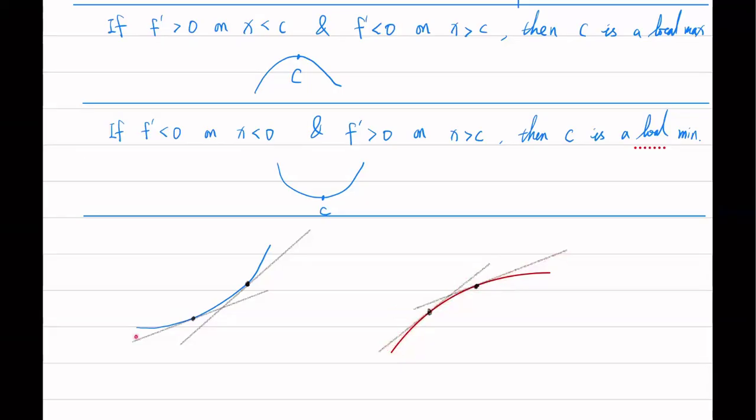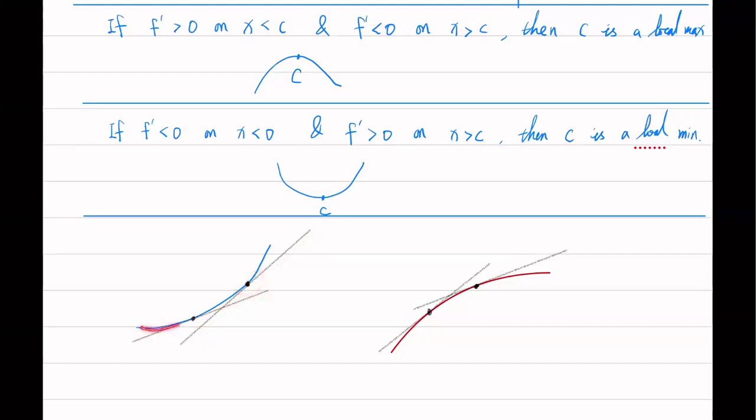Now, so this is the function. What can I say about the derivative? The derivative at this point will be the slope. Derivative at this point will be the slope. Which one is bigger? So this one is bigger. So for this one, the derivative is increasing.